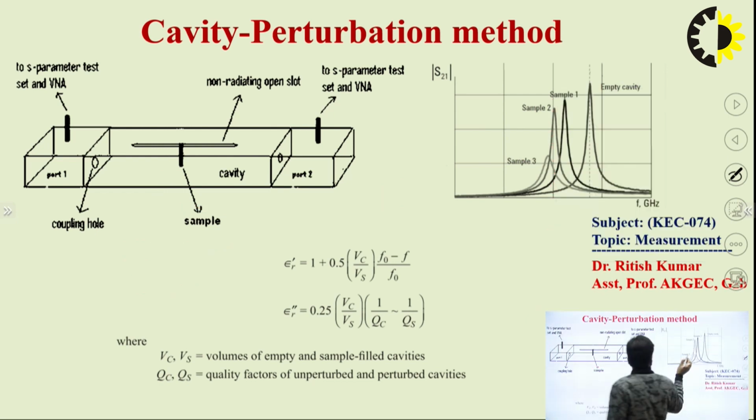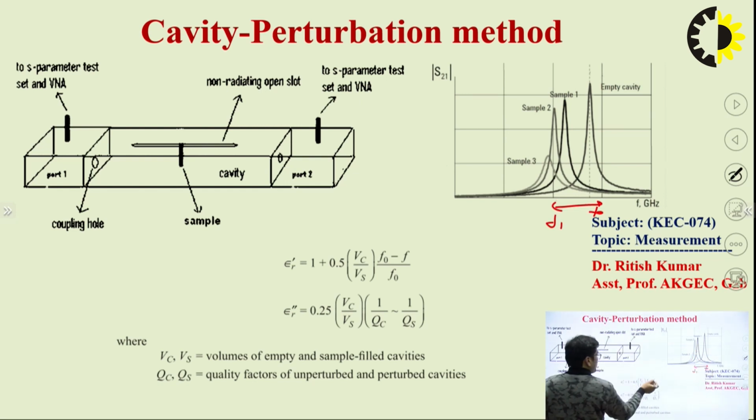Now, by using this separation between f0 and f1, we put it in this equation. What are Vc and Vs? Here V is the volume: Vc is the volume of the empty cavity, and Vs is the volume of the sample-filled cavity.